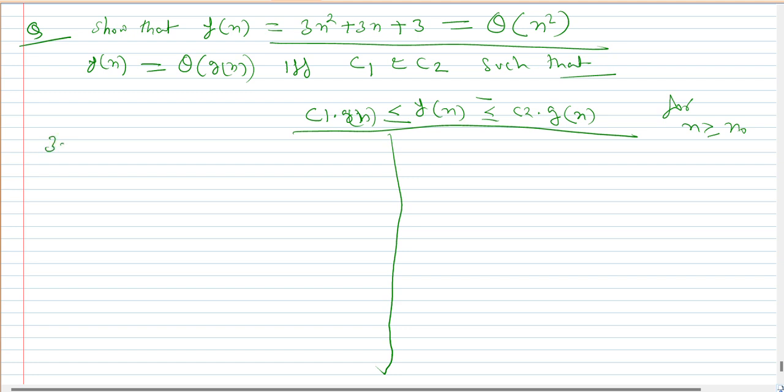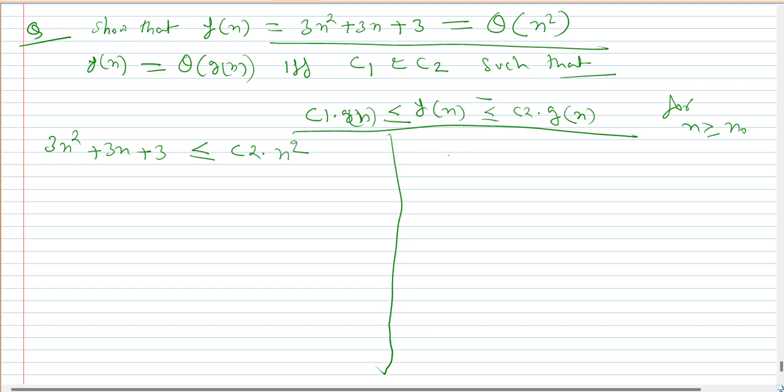We have to prove that 3n square plus 3n plus 3 is less than or equal to C2 dot n square.